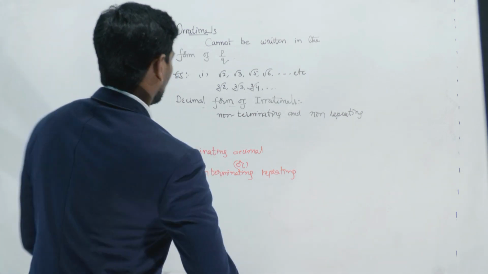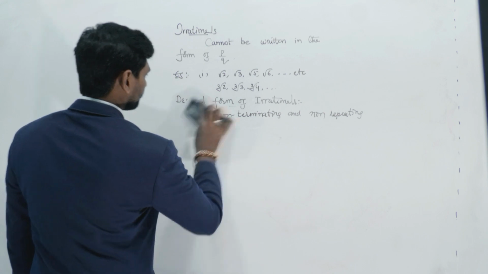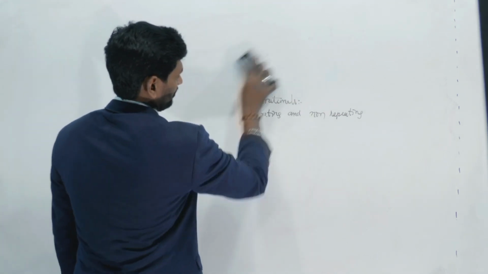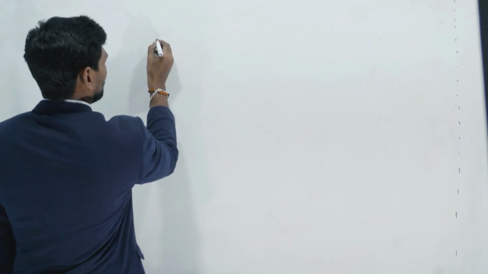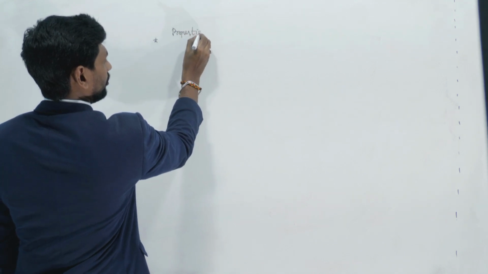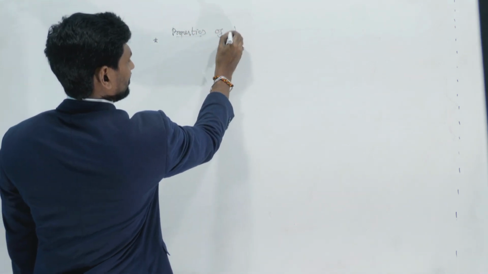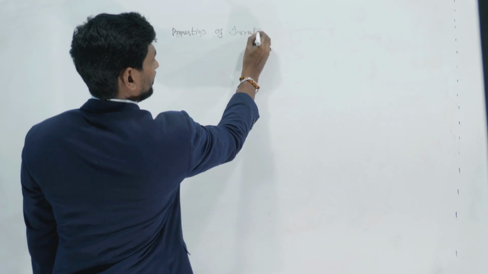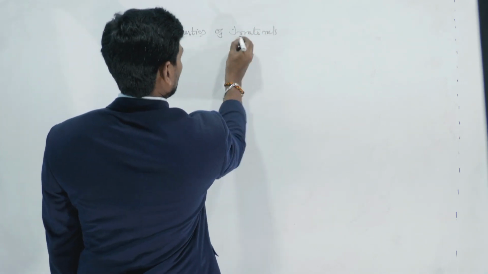Let us go to the next concept. Now, let us take properties of irrational numbers.